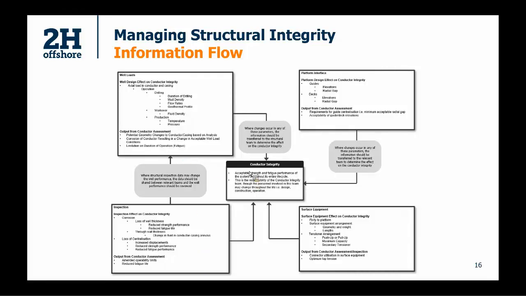And it's because this loop starts to form here that makes the conductor so complex. And this is why it takes a holistic approach, and it needs multiple different disciplinary teams working together to make sure that you have all of the information that you need to fully understand the integrity issues that you're going to see in the conductor and to understand what your conductor is actually responding like.